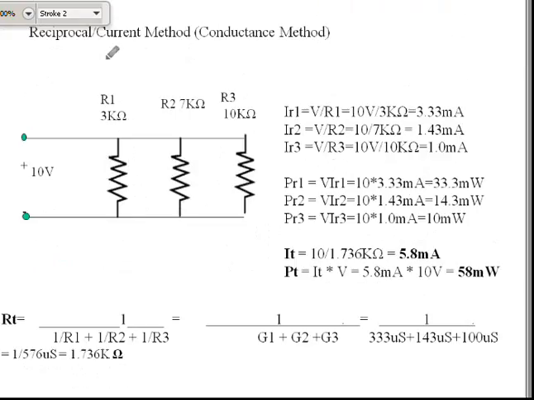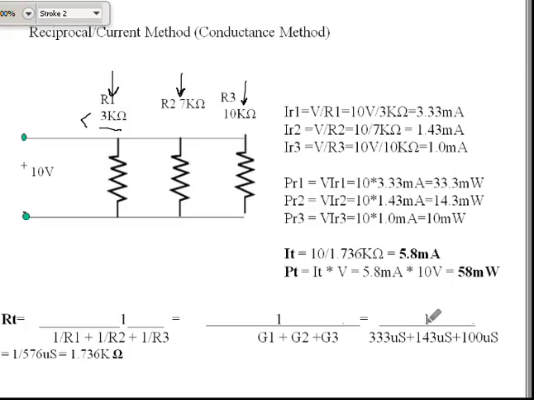Well, let's come to one like this, where I've got a 3K ohm, a 7K ohm, and a 10K ohm. All right, we are still going to expect the resistance to be less than 3K ohms. So in this case, we take 1 over the sum of the conductances.